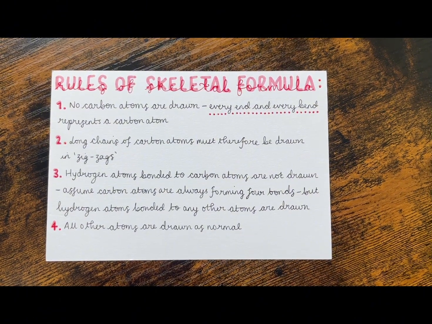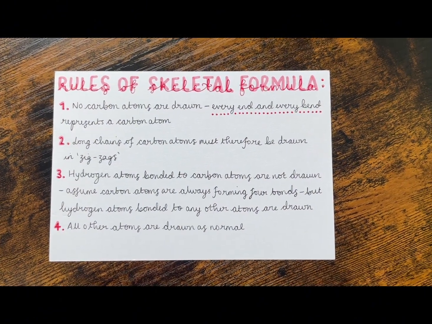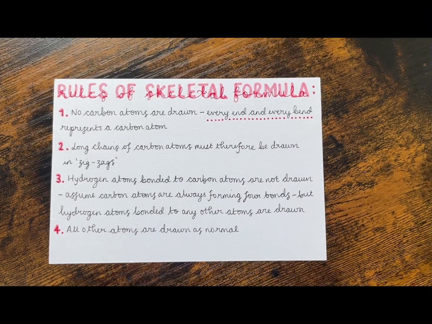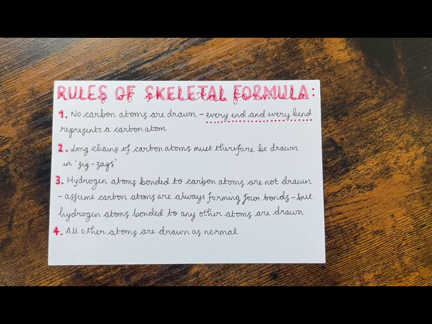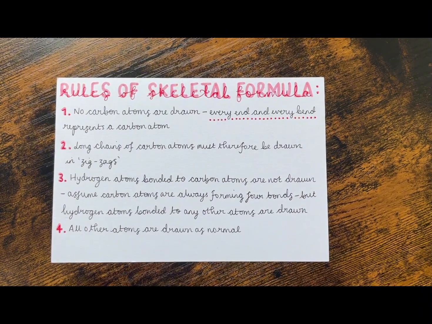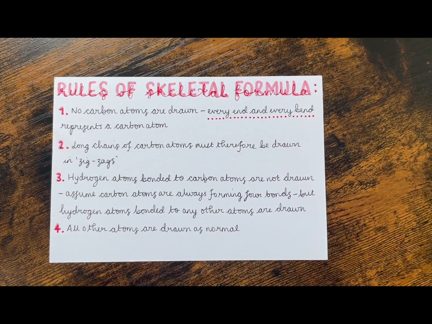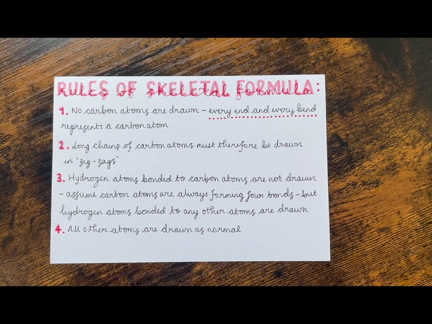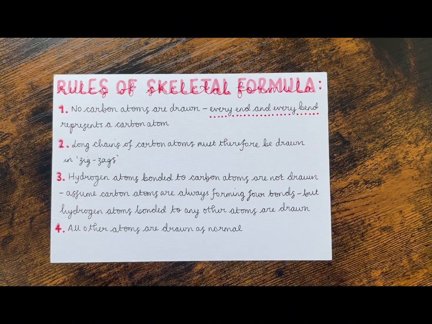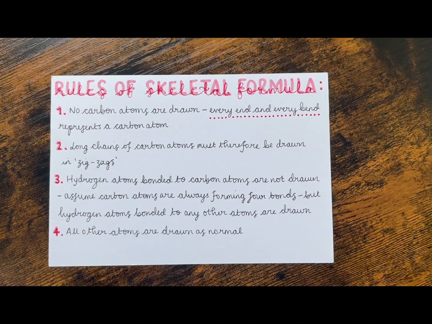So we can't just draw one straight line like we might do with displayed formula and break it up with the C's for the carbon atoms, because that's not going to show us how many carbon atoms there are. So we go with a zigzag arrangement to show the length of carbon chain, where every end of that line and every bend within that zigzag chain represents a carbon atom.